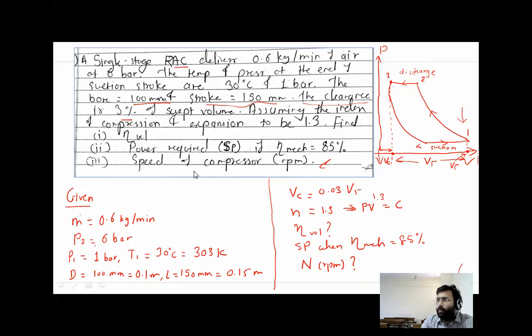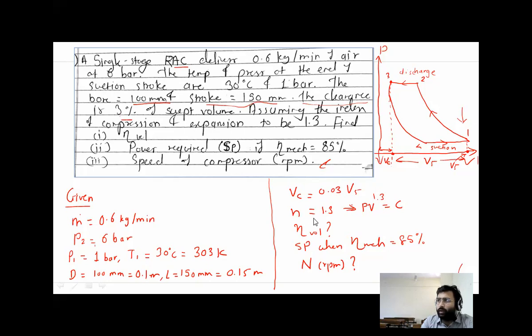Now, what is the formula for volumetric efficiency? FAD divided by swept volume. Now there are two approaches. Either you calculate volumetric efficiency by FAD divided by swept volume, but to calculate swept volume you need to know the speed of compressor, which is not given.